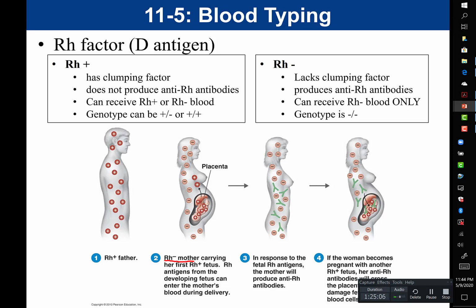So mom is Rh negative. Again, remember that if you are Rh negative, you can produce anti-Rh antibodies because the D antigen is seen as foreign. So let's say we have an Rh negative mom, and her partner is Rh positive.